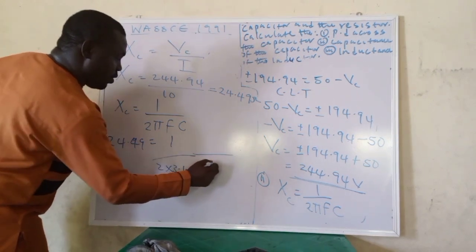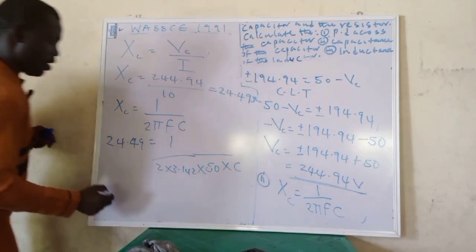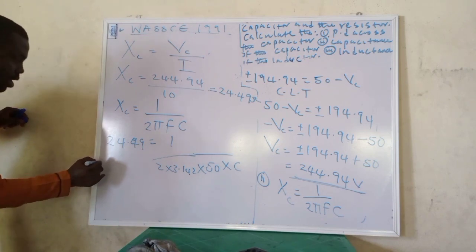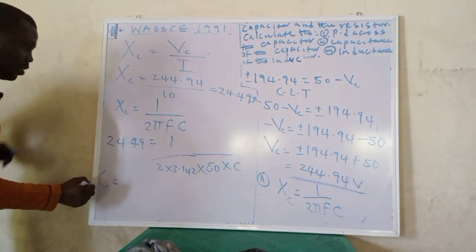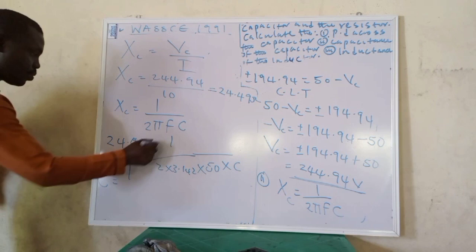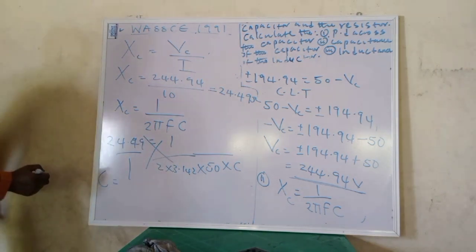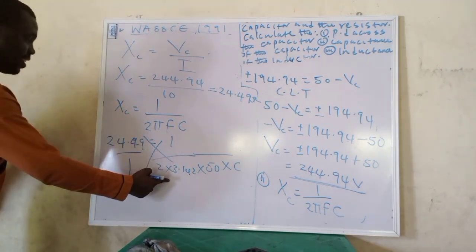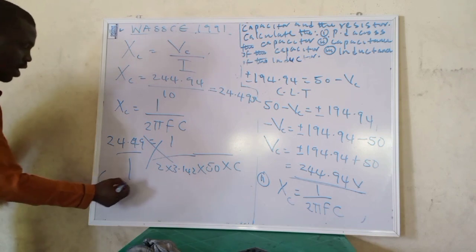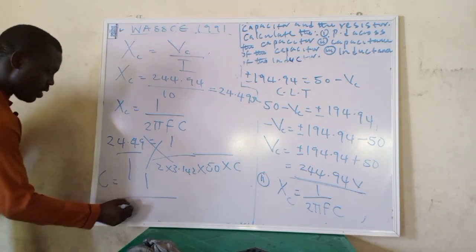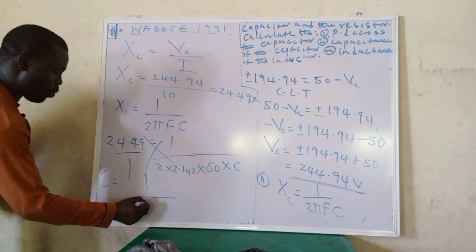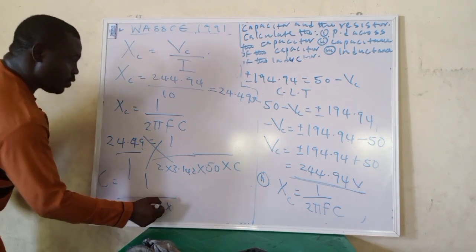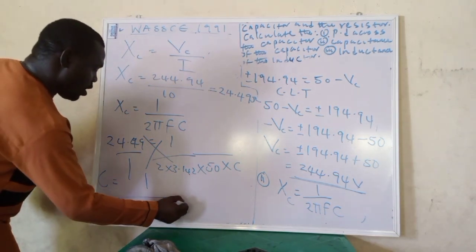Is frequency given? Make C subject of formula. So C therefore is equals to what? What do you have there? 1 over 2 times 3.142 times 50.